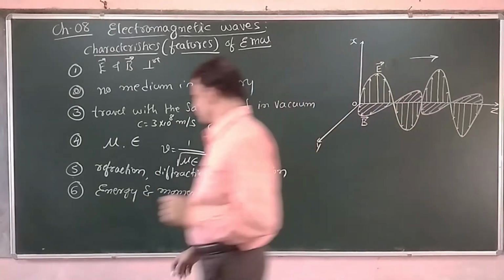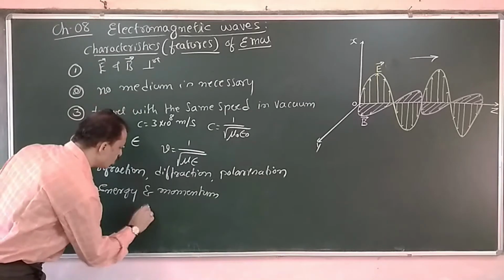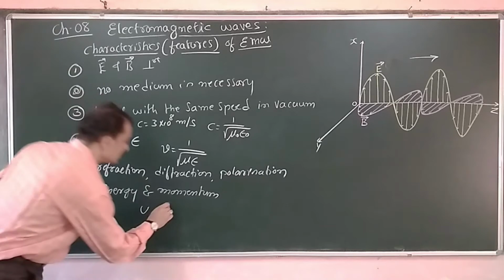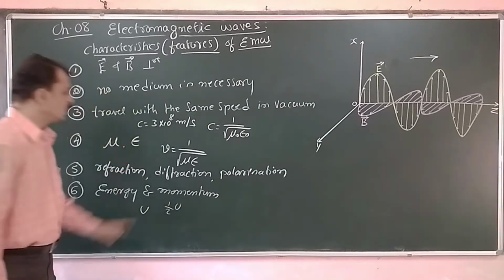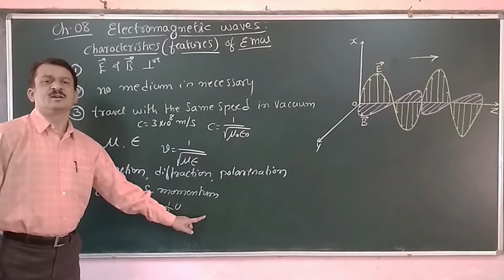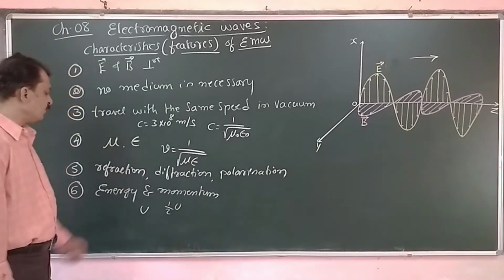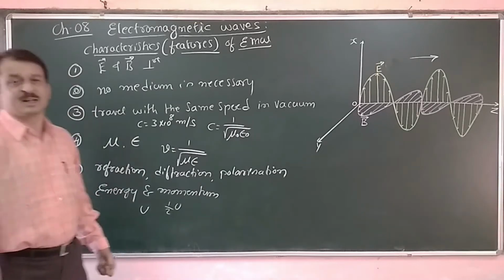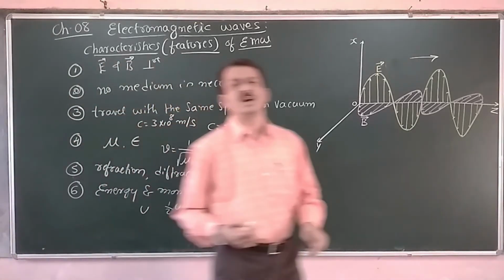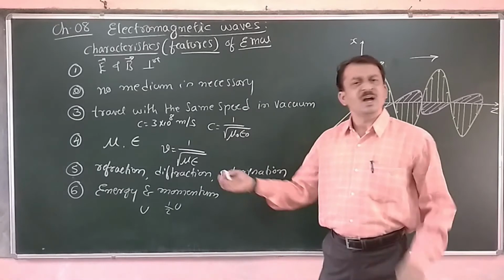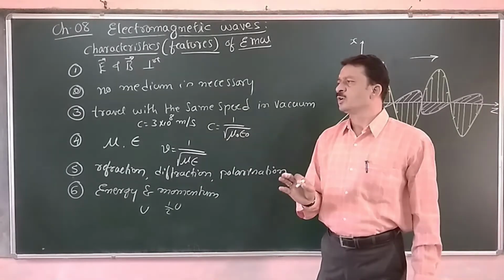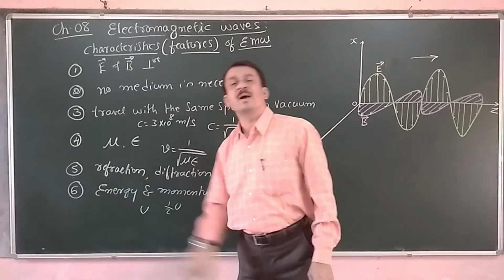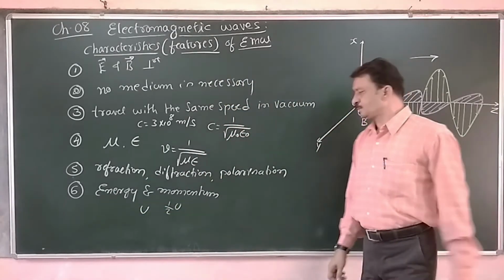If it is carrying some energy U, then half of this energy, that is half U, is divided to the electric vector, and the other half is divided to the magnetic vector. That means the electric field and magnetic field equally carry the energy. Their sum should be equal to the total energy carried by the electromagnetic waves.